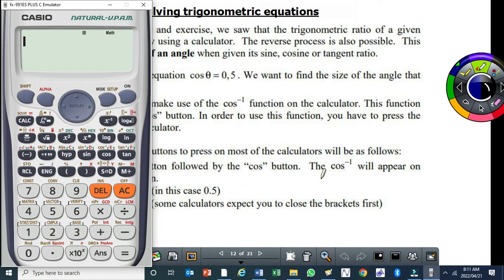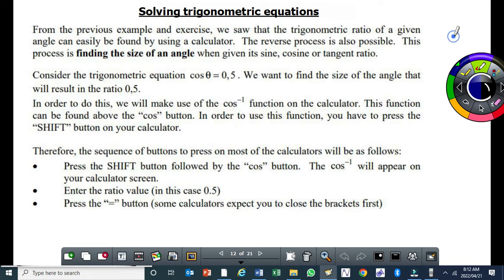That function is pronounced arc sine. The function looks like this: sine with a -1, or cosine with a -1, and you also have a tan with a -1.